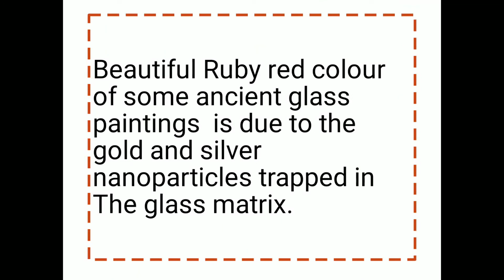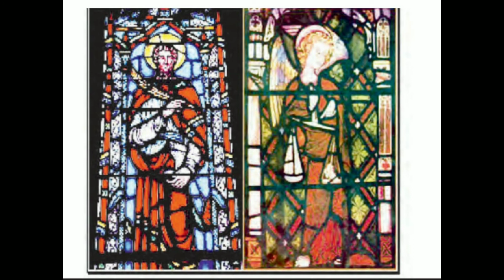Now, in nanotechnology, there are examples of the use of nanomaterials. The beautiful ruby red color of some ancient glass paintings is due to gold and silver nanoparticles that are trapped in the glass matrix. It is shown in this figure.